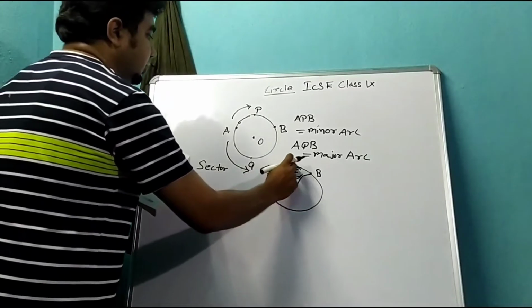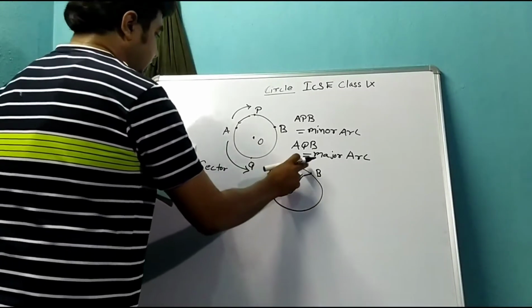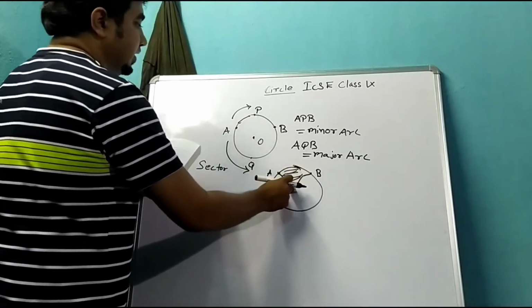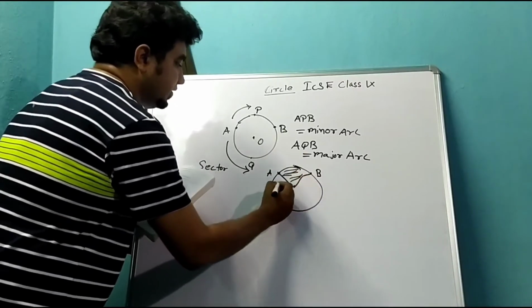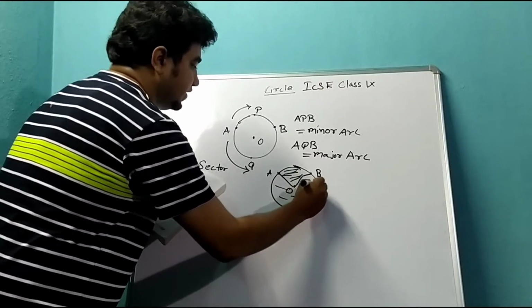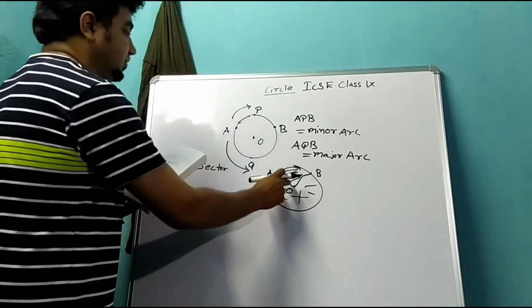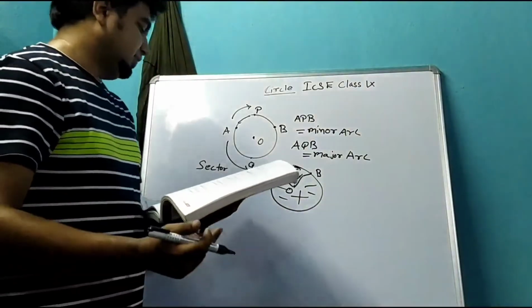The area formed by the minor arc with center O is known as the minor sector, and the area formed by the major arc with center O is known as the major sector.